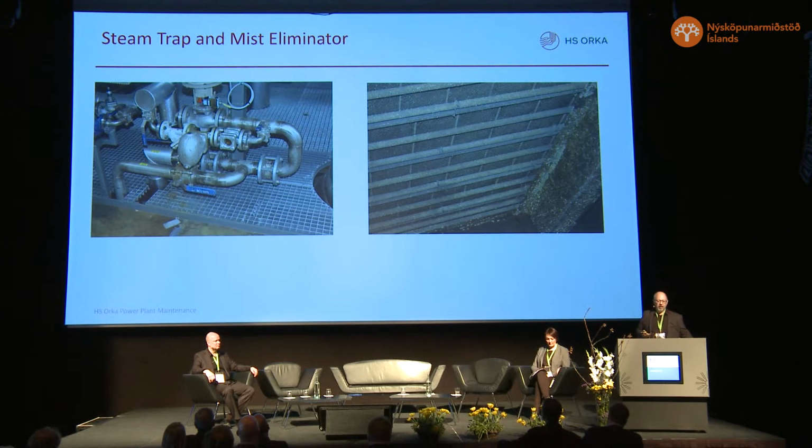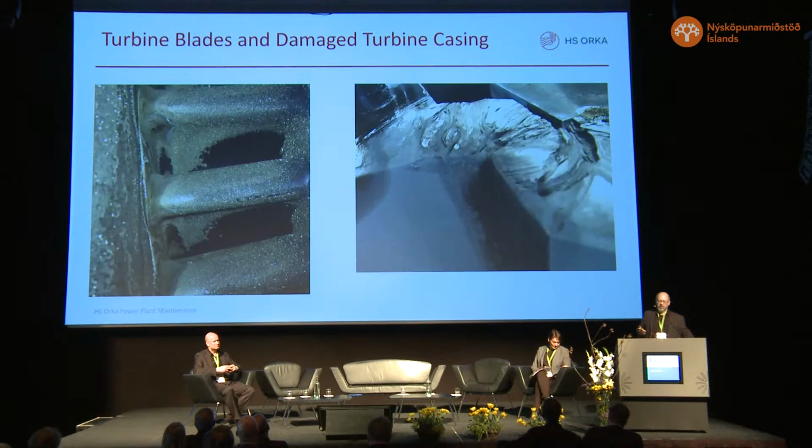We have here a steam trap and a mist eliminator for getting the stuff out of the steam before it enters the turbine. We have steam turbine blades, actually only this size, so it's a big picture with iron sulfide scaling.